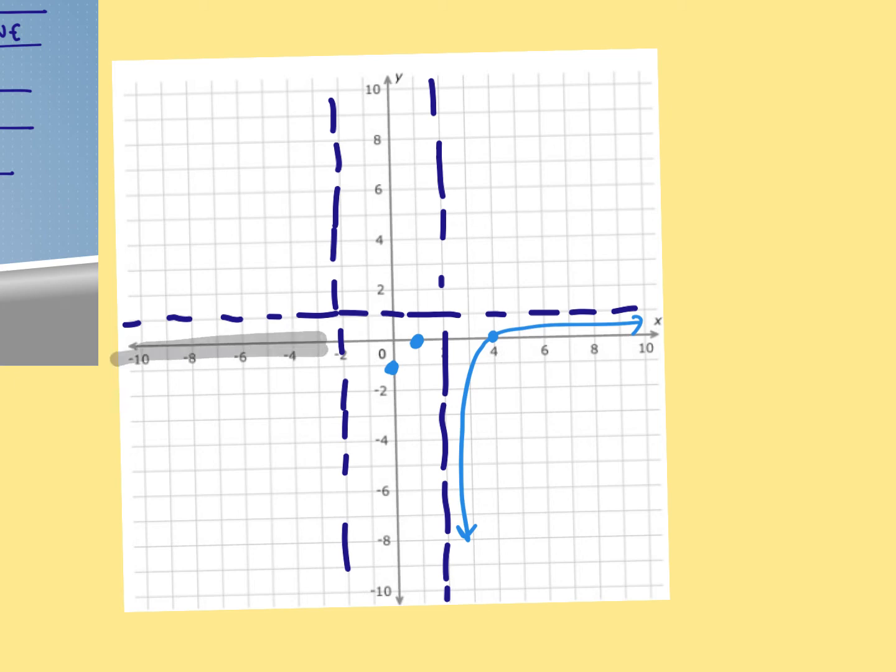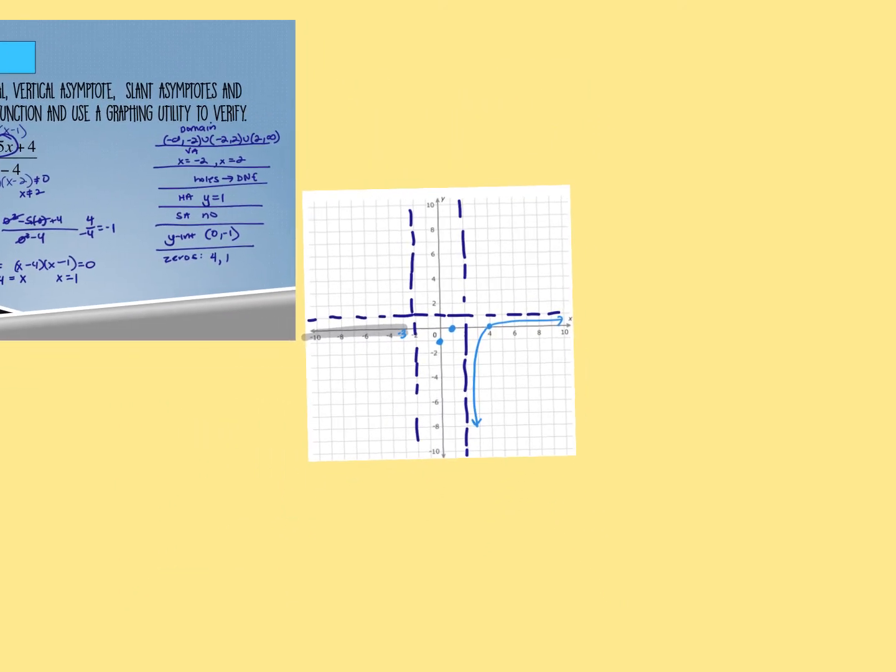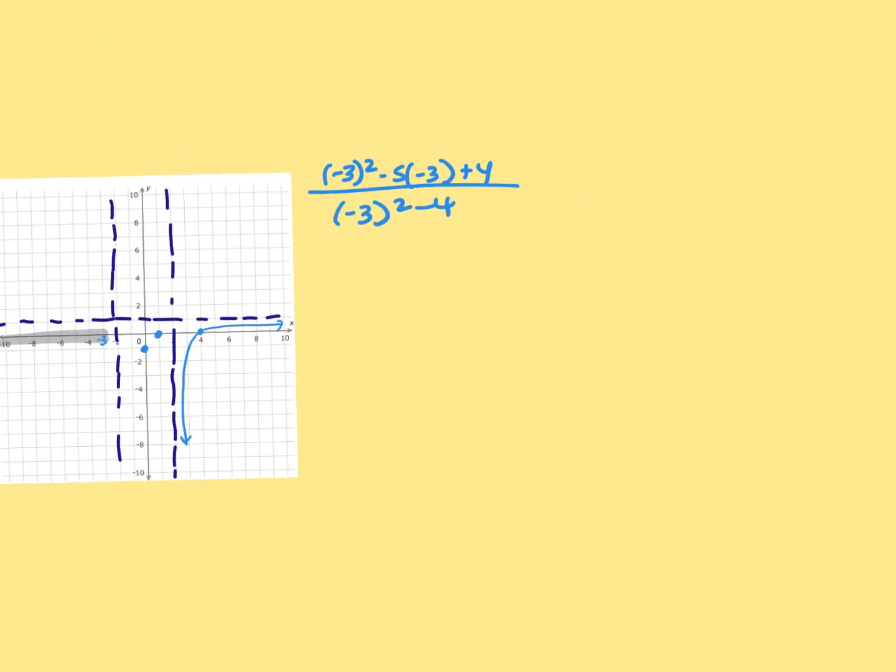So again, make it small, make life easy for you, like a -3. I'm going to plug in, and it doesn't matter if you plug it into the factored form or the original. So -3 squared minus 5 times -3 plus 4 over -3 squared minus 4. And I get 9 plus 15 plus 4 over 9 minus 4.